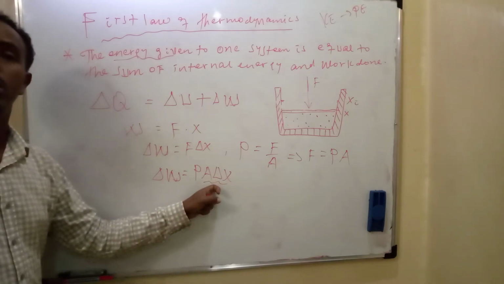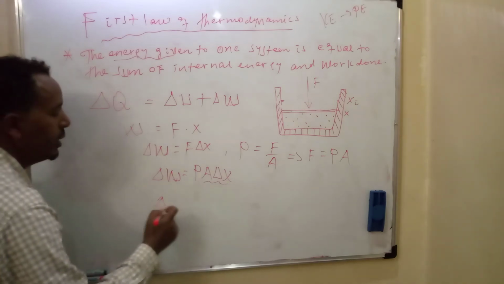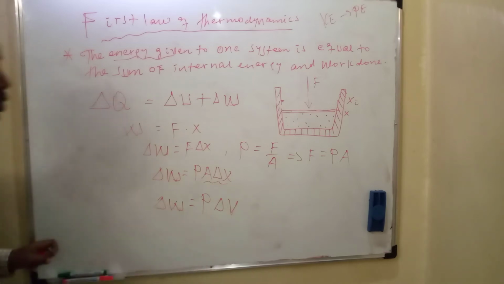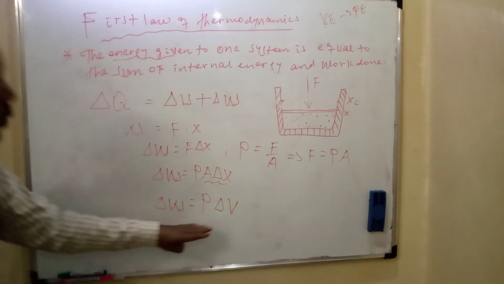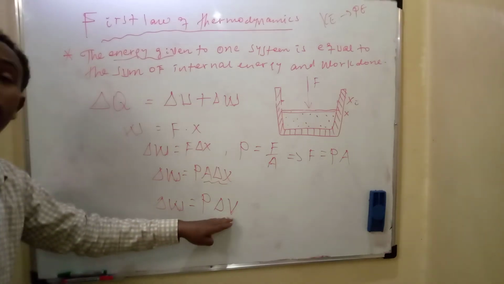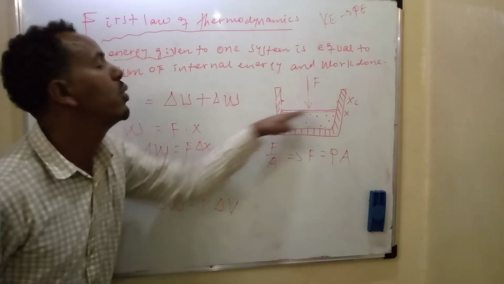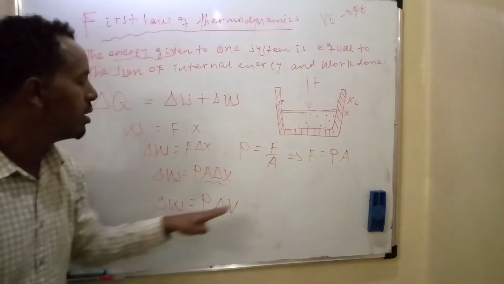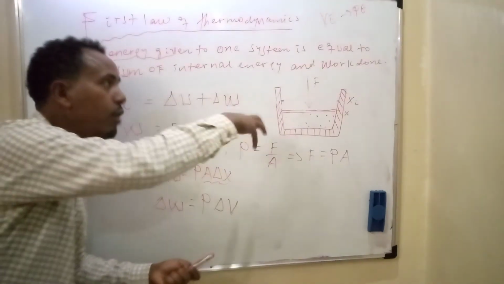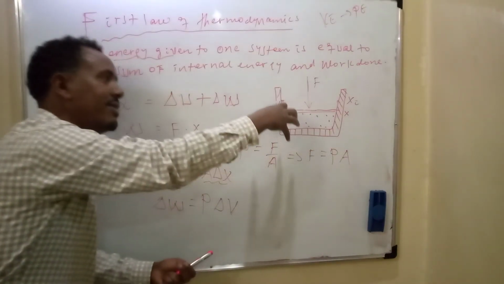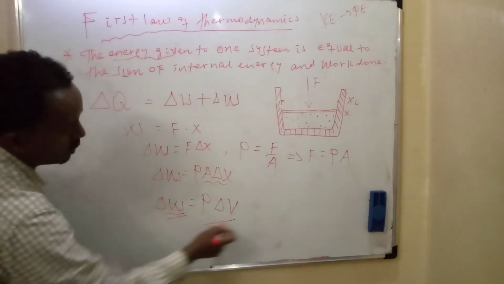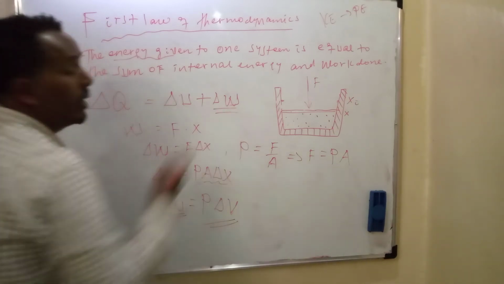Therefore, change in work done equals pressure times change in volume. So the work done on this system is equal to the pressure times the change in volume of the gas. The pressure experienced on the system times the change in volume of the gas is equal to the work done. Therefore, substitute this expression instead of delta W.